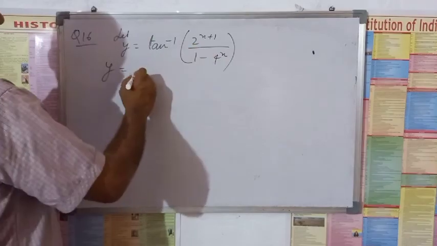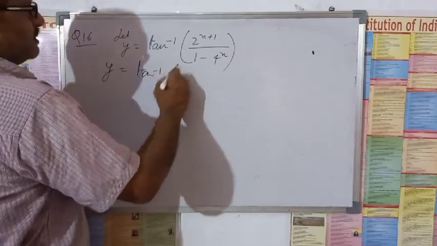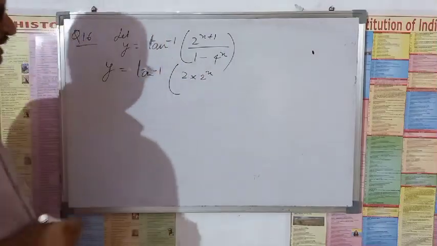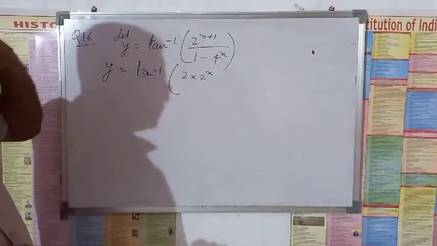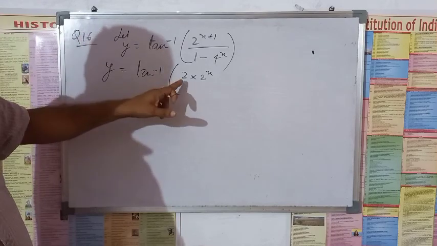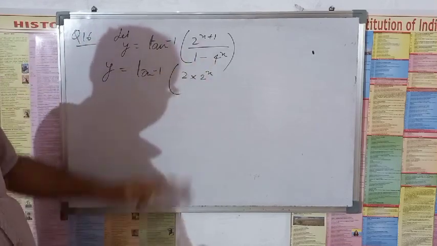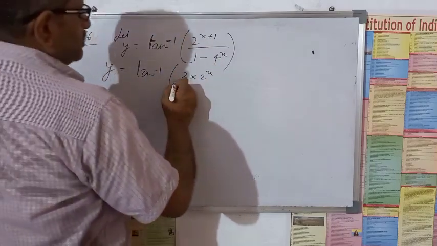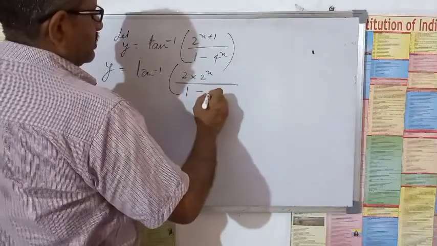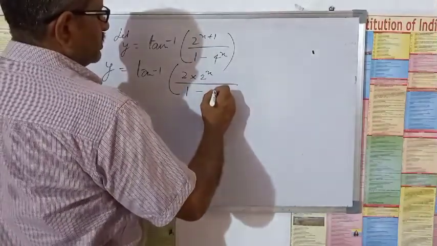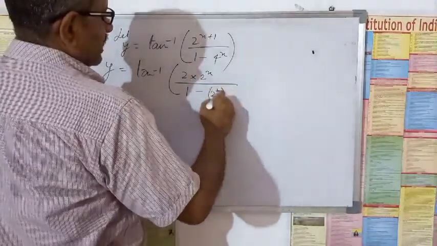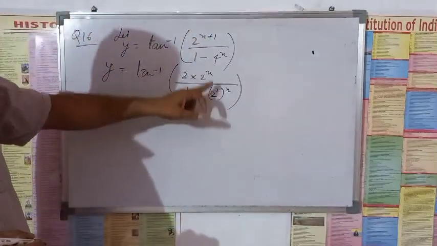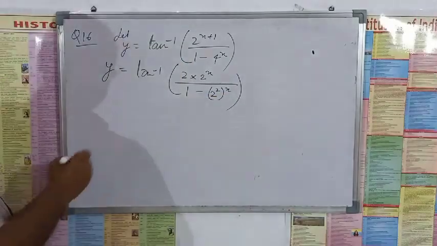So let us simplify this one. Tan inverse, it can be written 2 into 2 to the power x. Because here the power is 1, here the power is x, so x plus 1 will come. Minus 1 minus, we can write it 2 square to the power x. 2 square is 4.